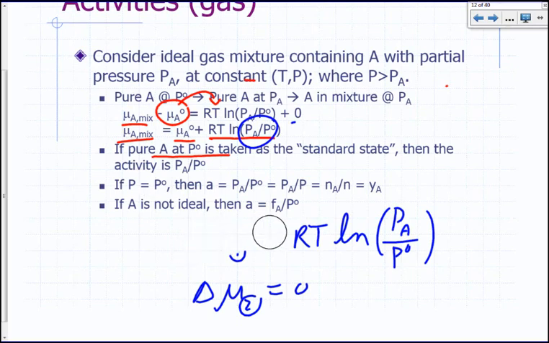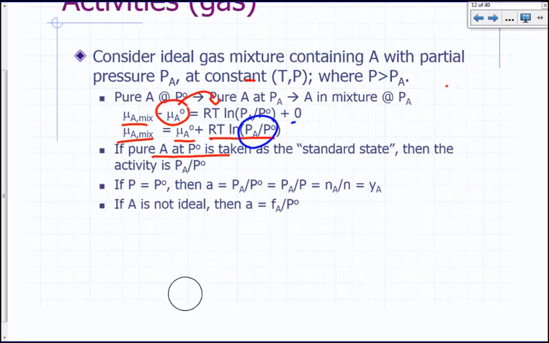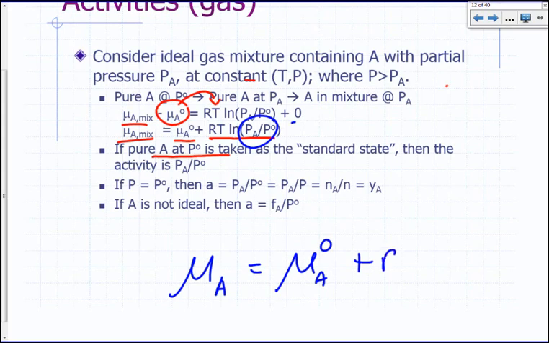Why? If you recall, we said the chemical potential of A is equal to the chemical potential of A in some reference state, which in this case would be pure A at P naught, plus RT ln of the activity of A in that mixture. So the activity of A in that mixture has to be PA over P naught.